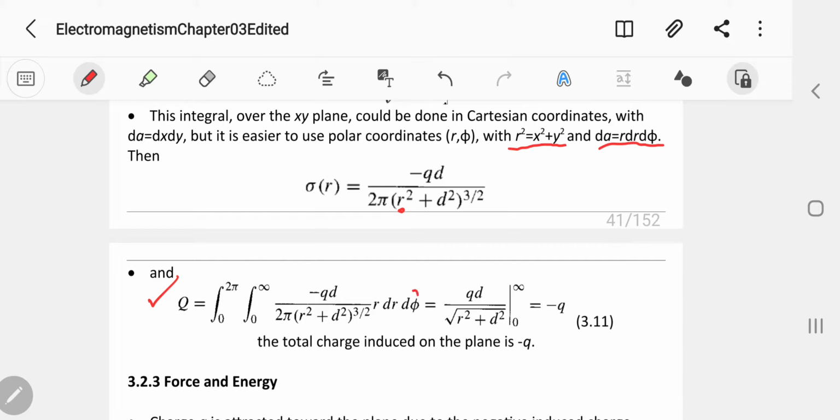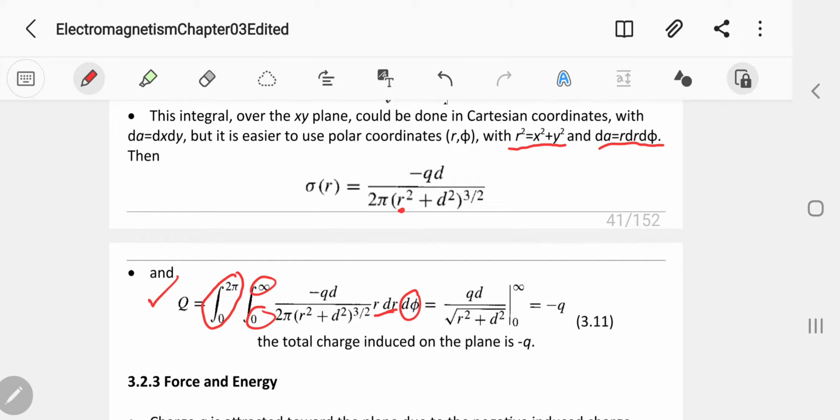So you integrate this. The phi has limits 0 to 2 pi. You are covering all the plane, and dr would be from 0 to infinity.